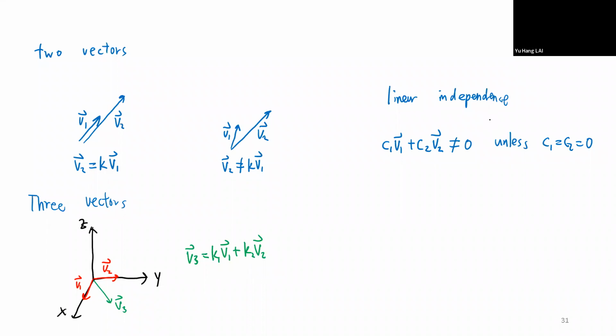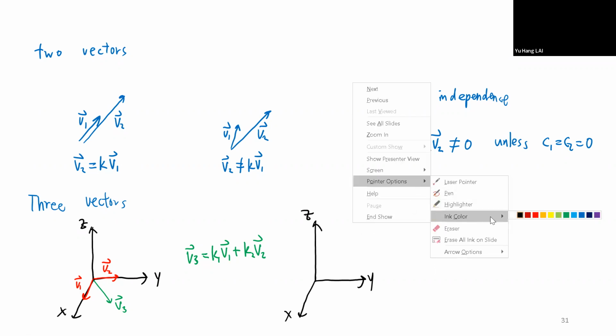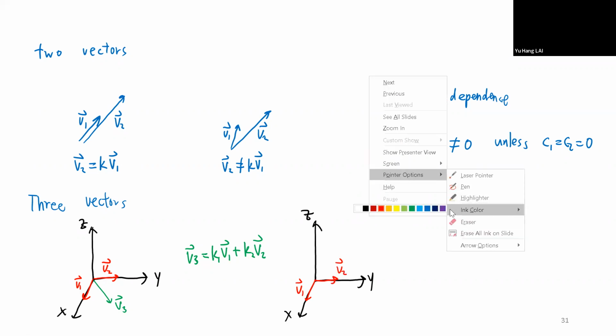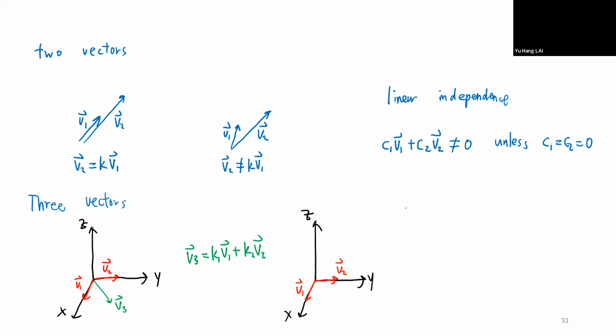Okay. So now the second case is that I'll give you an example of three linearly independent vectors. So again, let's say my V1 goes along the x-axis, my V2 goes along the y-axis, but this time the V3 goes something like this.